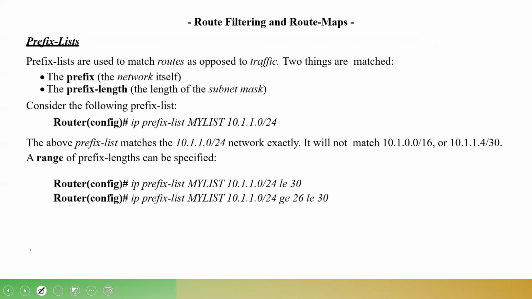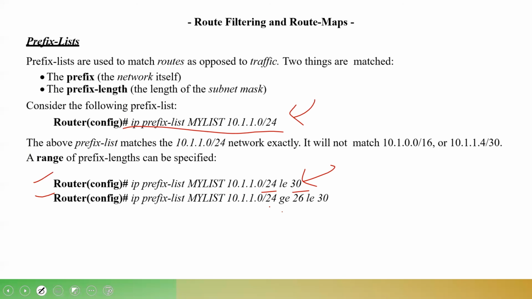So here you can see the example, two examples are there. Let's just start with a smaller one. Suppose I have to go and match 10.1.0.0/24 exact match, so I can go and use this. Although if you want to match variable length, suppose you want to match 24 till 30, you can go and use /24 less than or equal to 30.